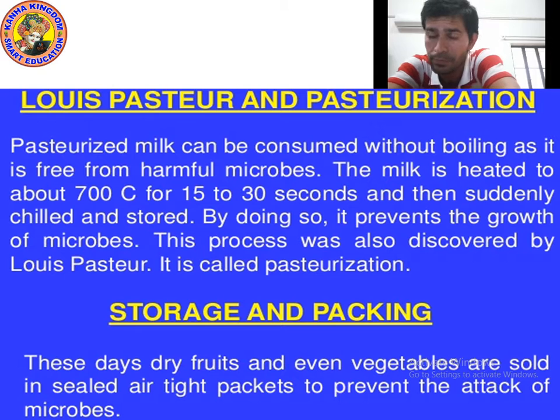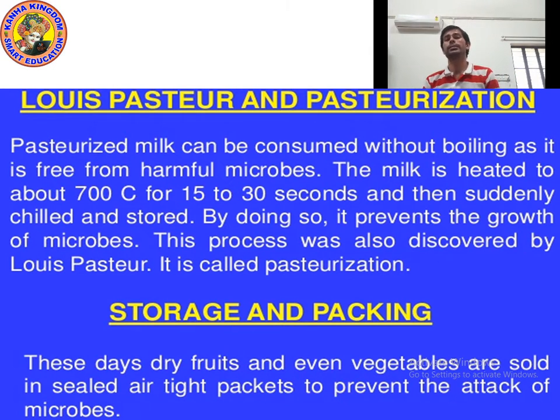So pasteurization is a technique of treating milk by heating at a temperature of 700 degrees Celsius for 15 to 30 seconds, then suddenly chilling and storing it. By doing so, it prevents the growth of microorganisms.